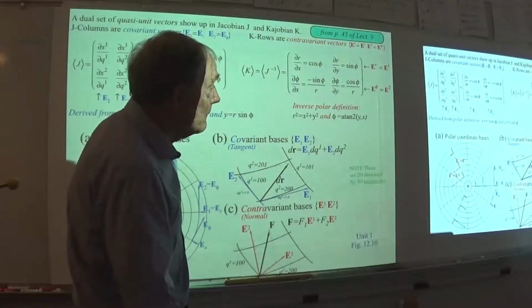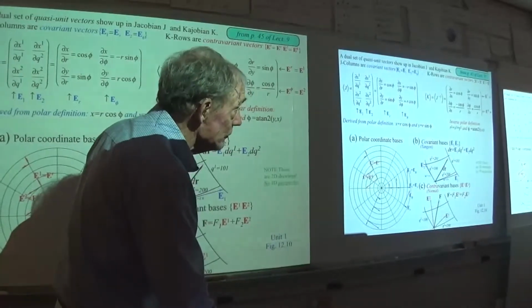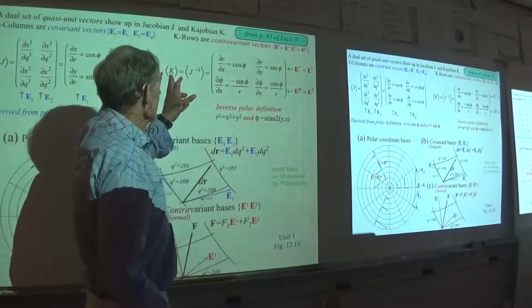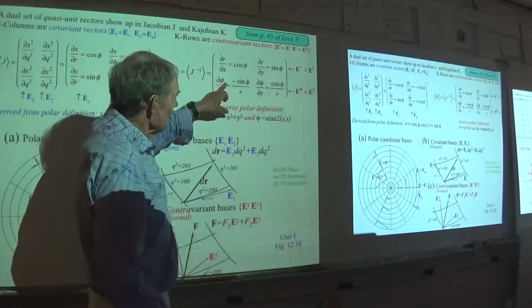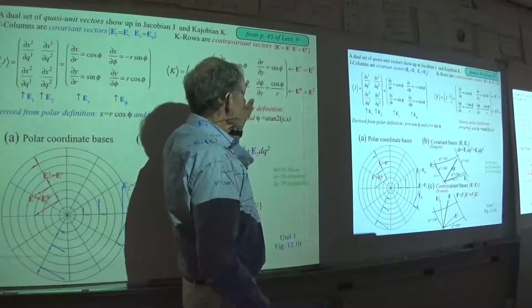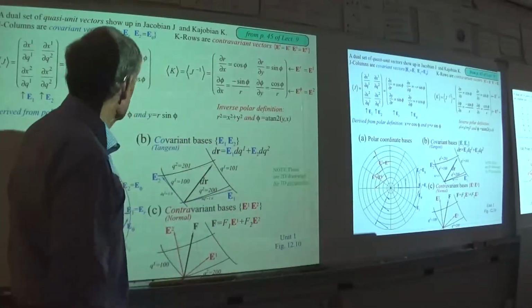So that is what we talked about back in review unit 1, the Cajobian being the inverse of the Jacobian, and this is the Cajobian. The rows of the Cajobian give you the contravariant vectors.